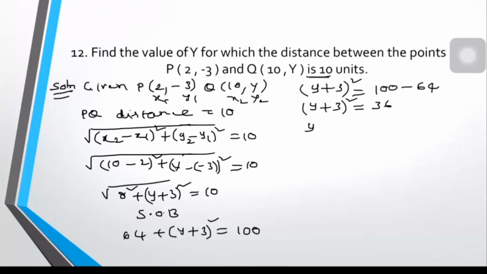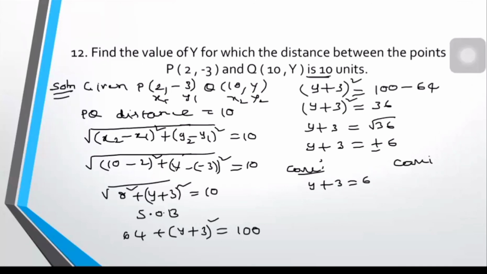So it can be written as y plus 3 is equal to root 36. Now y plus 3 is equal to plus or minus 6. Here two cases. First case y plus 3 is equal to plus 6 and second case y plus 3 is equal to minus 6.